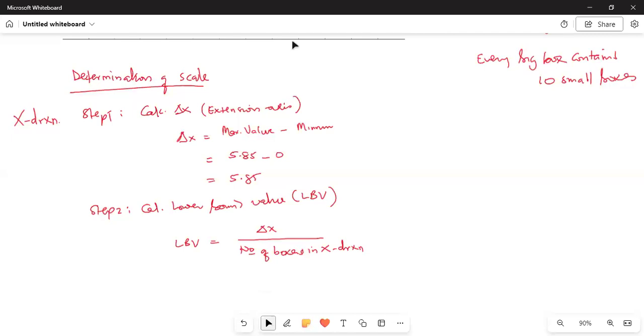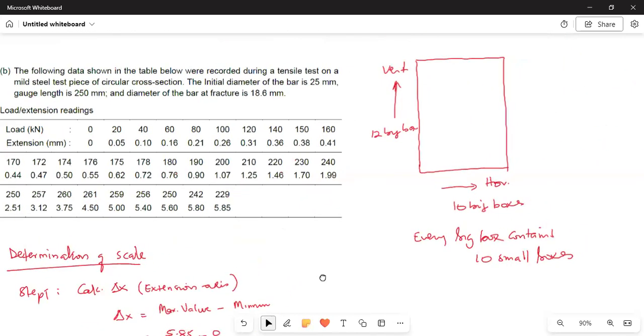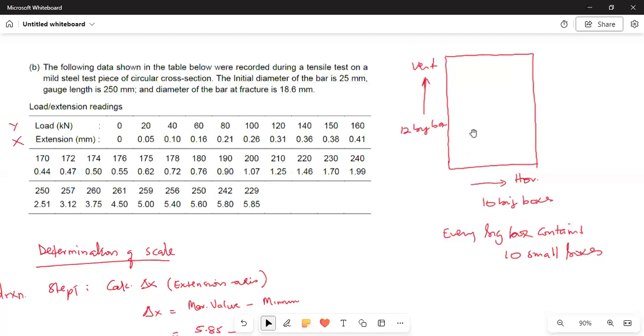Now, looking at the way our graph is, originally this is how the graph should look, and you have a place here to write your name and all that. But there's no hard rule that the graph cannot be turned. Looking at the way our graph behaves, it will be better for us if we turn the graph this way.